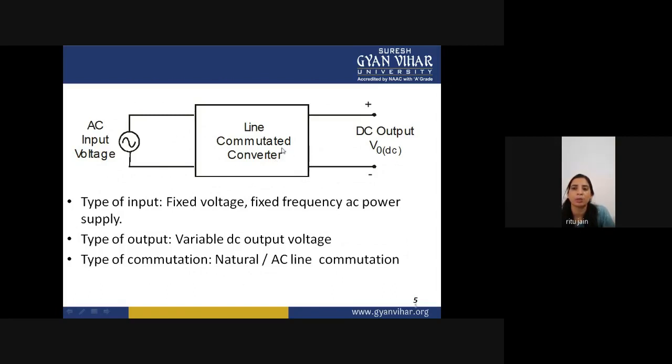Line commutated converter means if you are using AC as your input voltage, then you need not apply any other commutation circuit, because of natural commutation. In AC the waveform goes into the negative direction, so that negative voltage can be used to commutate the SCR.